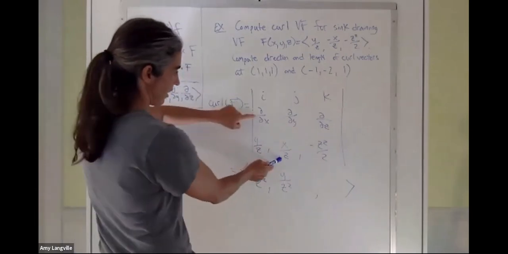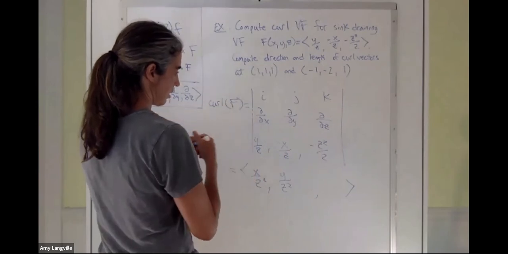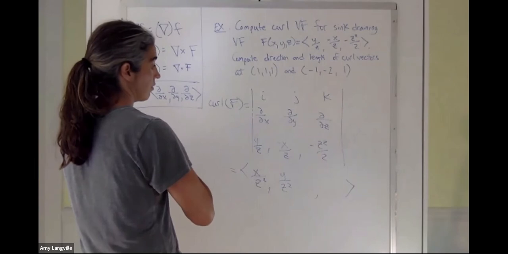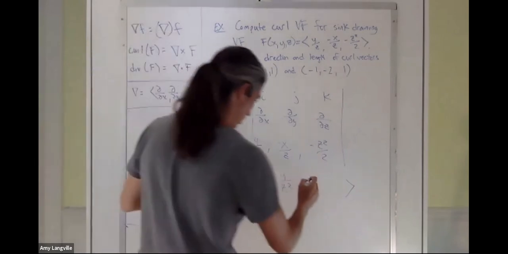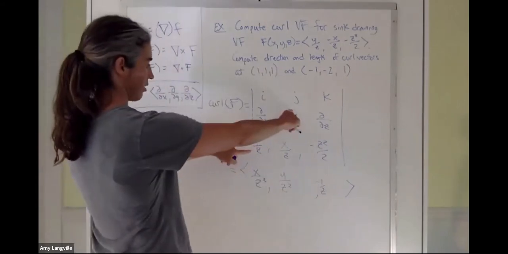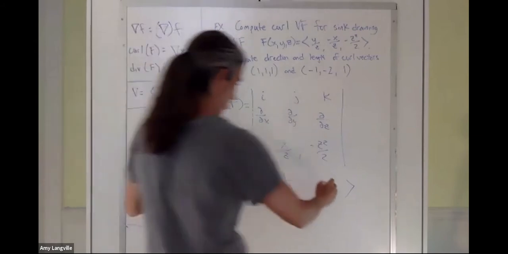The partial with respect to x is negative 1 over z, minus negative 1 over z.